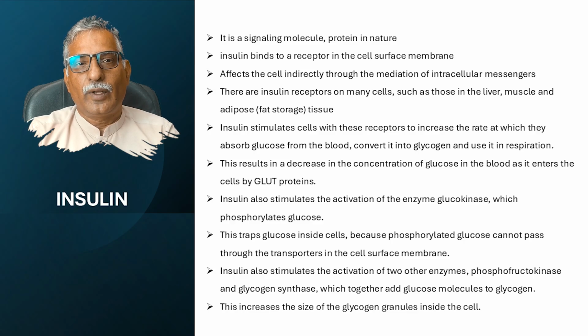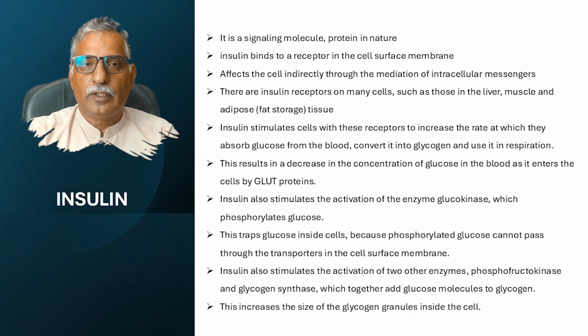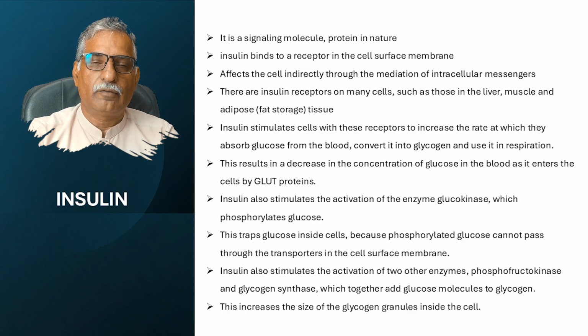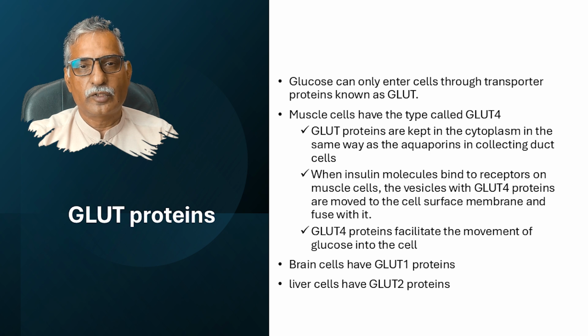When insulin binds with the receptors, that influences the opening or availability of special transport proteins known as GLUT transport proteins, which are responsible for glucose transport into the cells.